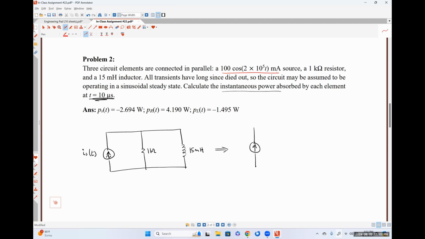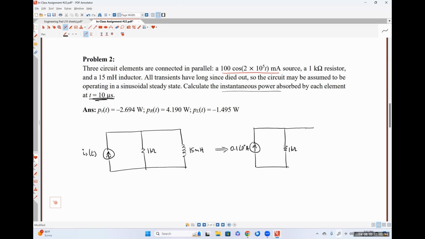So I'm going to simplify that and call it 0.1 angle 0 degrees amps, just so that I'm in base units. Okay. So 0.1 angle 0 degrees amps. What is our 1 kilo ohm resistor going to look like as an impedance? Still 1 kilo ohm. Thank you for that, Baylor.